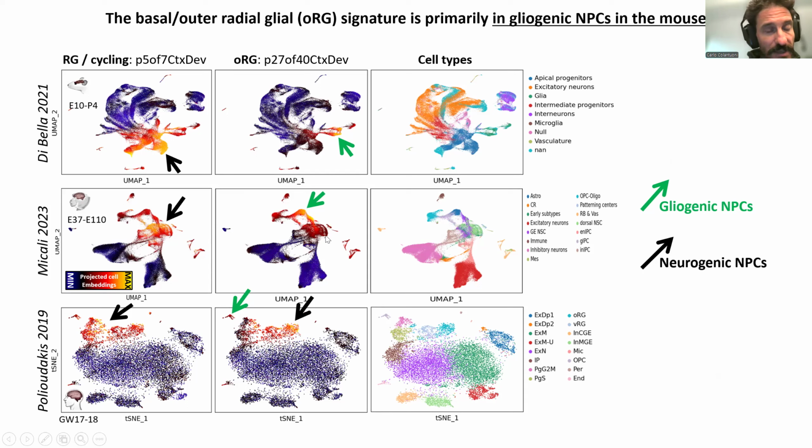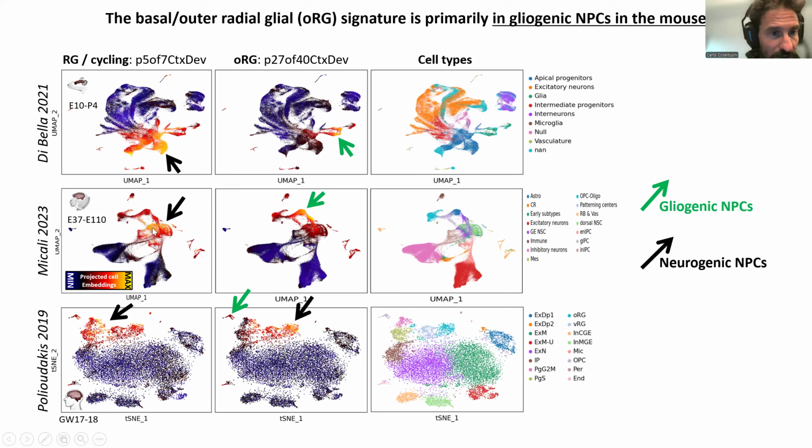the outer radial glial signature is not limited to the gliogenic progenitors as it is in the mouse. So here in the monkey, it's the heaviest in what's actually been called astrocytes over here, but it still has some pretty good representation in the neurogenic progenitors, which are here.